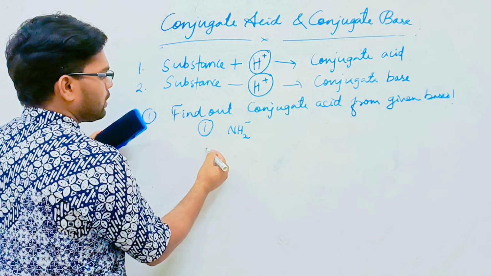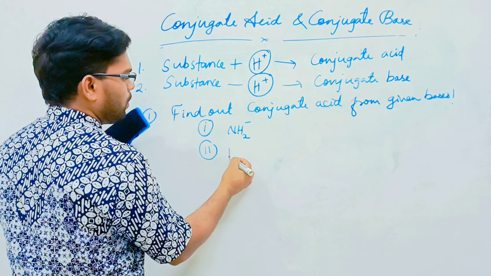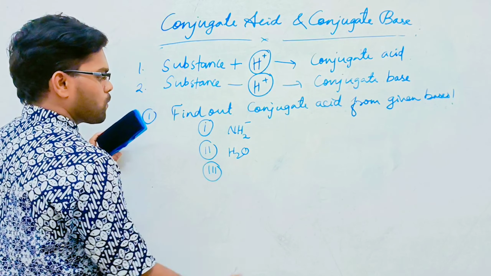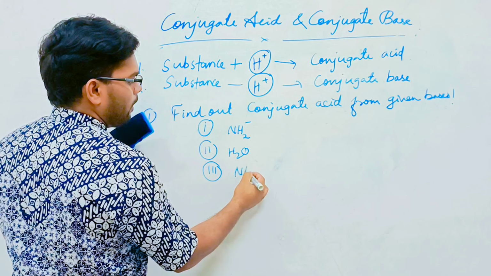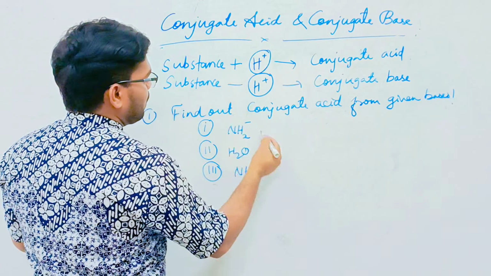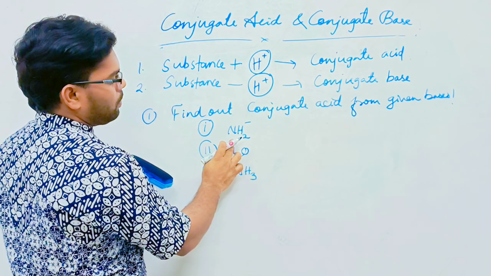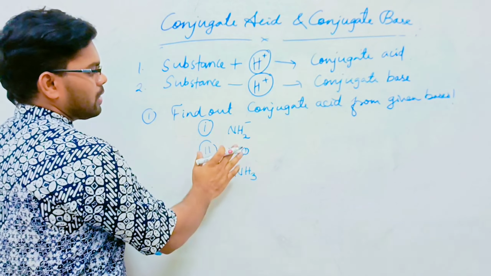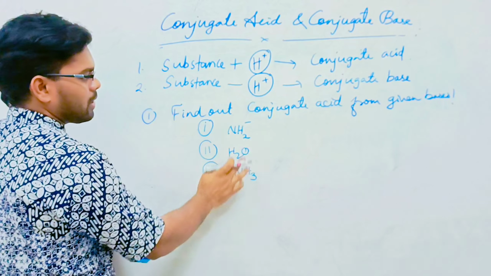What is the substance given? Second substance, let's suppose water. Third substance, let's suppose ammonia, NH3. So now these are the substances. Did you find the answer? The answer is very simple. Three substances are given.